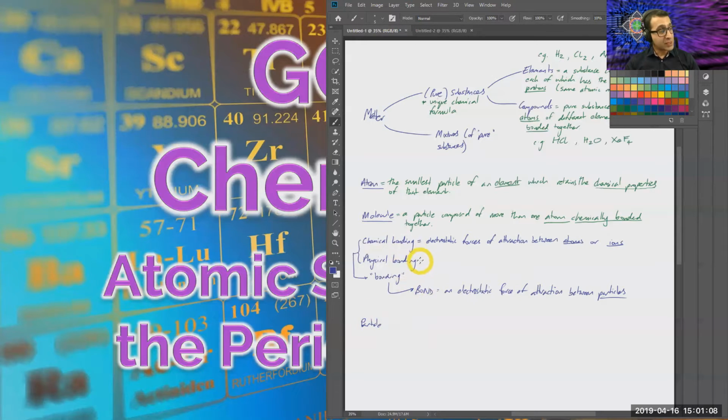So what is physical bonding then? Well, again, physical bonding is bonding, and so we can start by defining it as electrostatic forces of attraction. But this time, it is between particles that are molecules. So physical bonding is electrostatic forces of attraction between molecules.